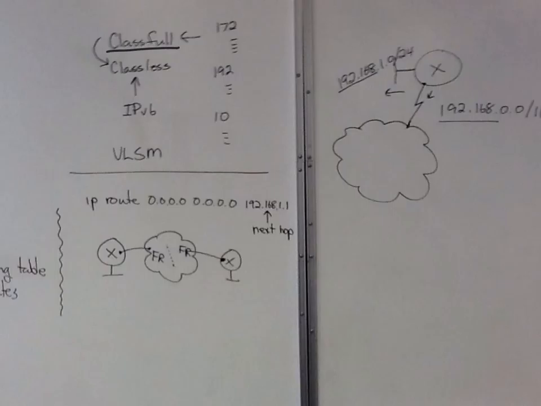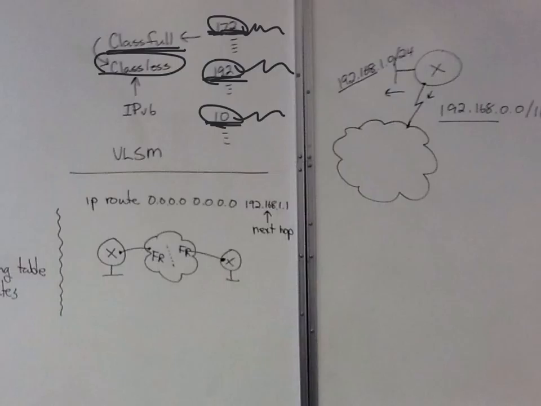When IP addressing was first created, it was classful. These are just some examples of private addressing, classful. They look at classes, like 172 is in a class, 192 is in a class, 10 is in another class. And you'll see the hierarchy in the routing table based on classful. Nowadays we are primarily classless.